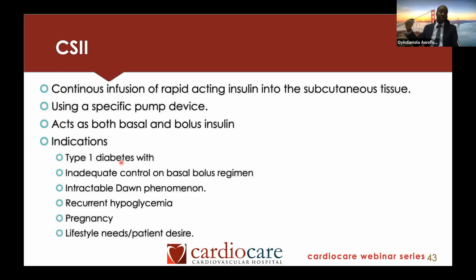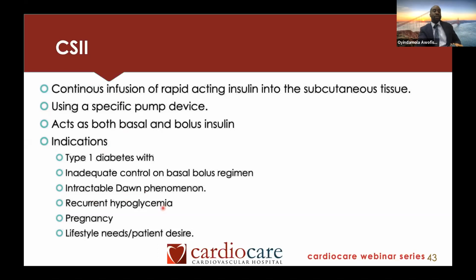In certain patients with diabetes, they have that surge, so they can have early morning hyperglycemia. And so for these people, if it's not amenable to other treatment manipulation, the common one we do is to shift the timing of the insulin. But if that's persistent, then a CSII can counter that very well because of the adjustable flow rate of the basal insulin release.